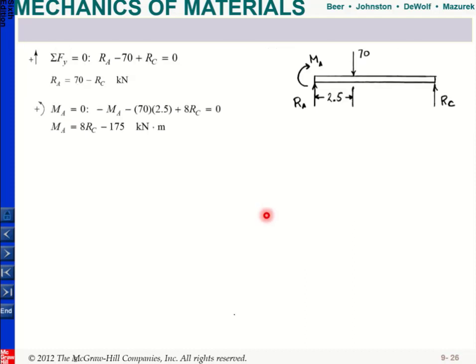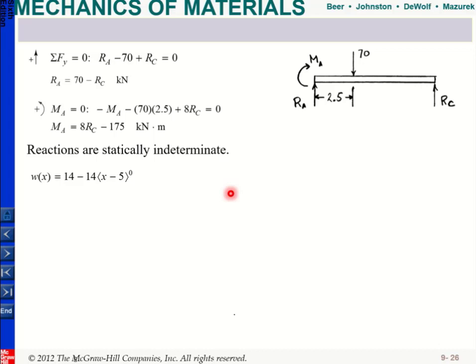So this is why when you write your W(x), it will be like this. I have a constant W. I'm assuming that I apply it from A to C, and then from B to C I apply it in the opposite direction, so they cancel each other, and there will be no distributed load from B to C. Okay, so this is how I can express my distributed load in singularity functions.